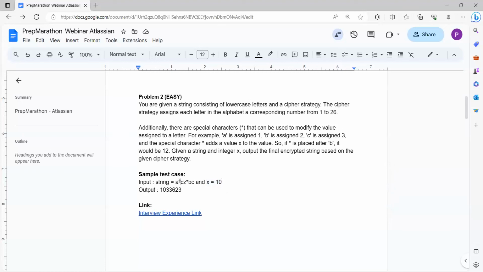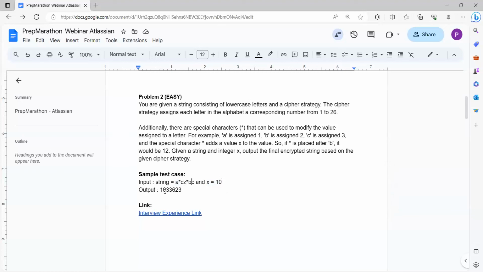So we got a, and after that there is an asterisk. So the value of a is 1. Okay, so we change that value, so it becomes 10 now. Then the value of c is 3, the value of z is 26, and when we add this asterisk, it is 26.